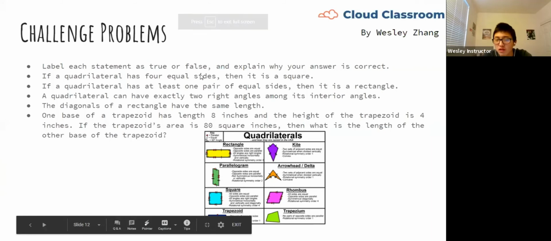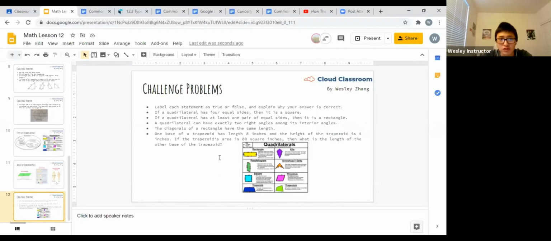That's still pretty small, huh? Aiden, you have a question? Okay. Yeah.